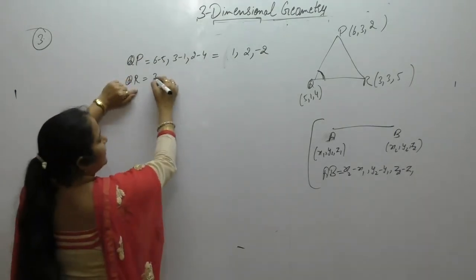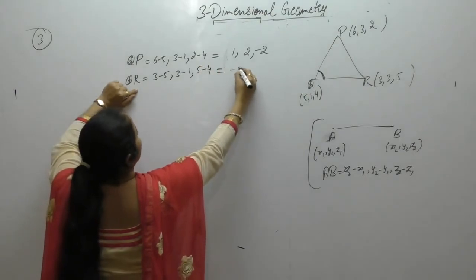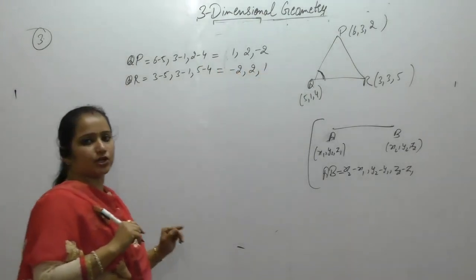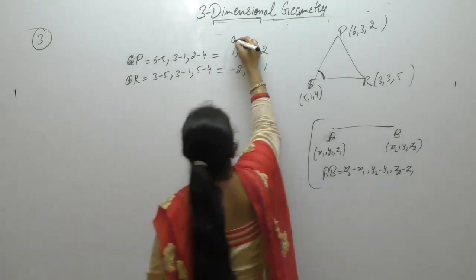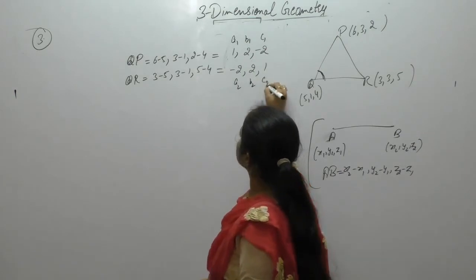QR: 3 minus 5, 3 minus 1, 5 minus 4. That is minus 2, 2 and 1. Now we have direction ratios of the lines. These are a1, b1, c1, a2, b2, c2.